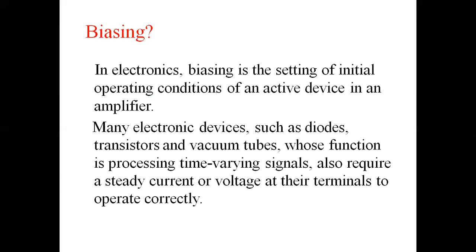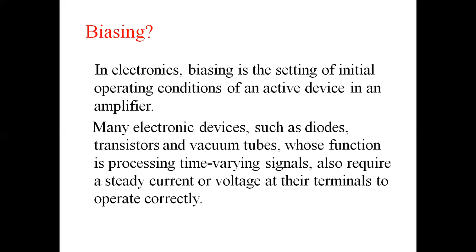Biasing is nothing but application of external voltage for setting the initial operating conditions of an active device and an amplifier, in order to work that device without any interruption.